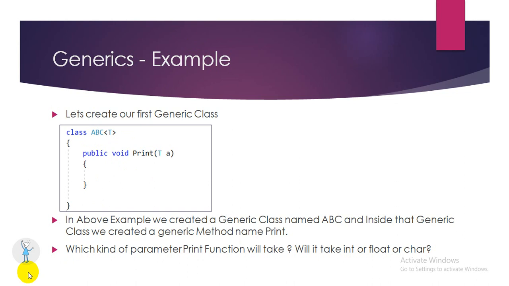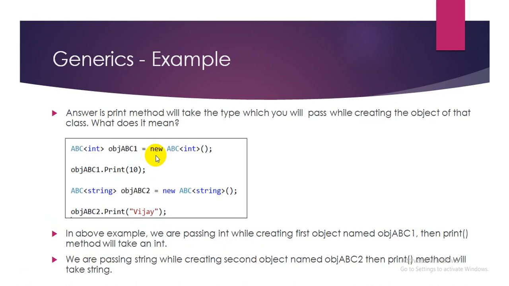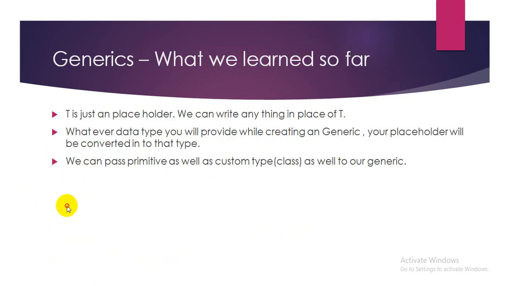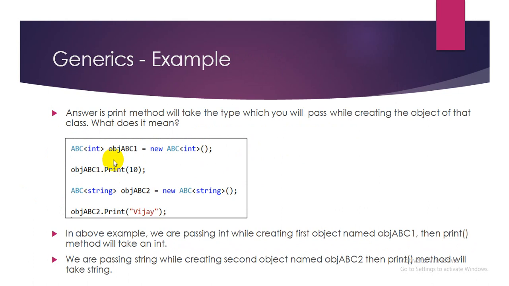But the question which can come into your mind is what this particular T will accept, and this decision is basically taken by the compiler when you create this object. So you are creating an object in this line, the same object which we created in the previous example. This is how it will work.